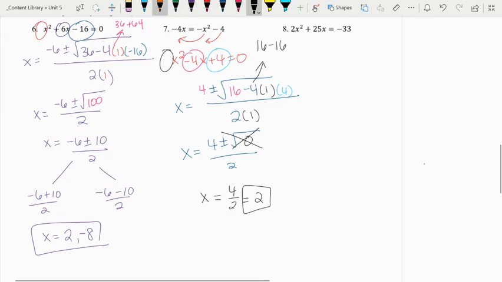On our last one, again, we need to get it to equal 0 first. So we have 2x squared plus 25x plus 33 equals 0.